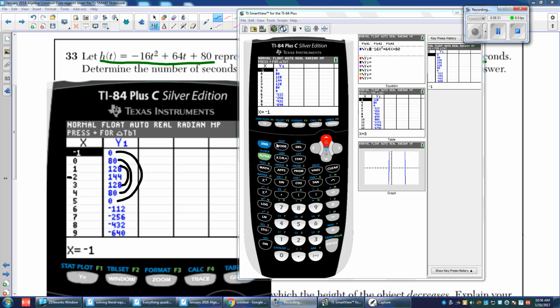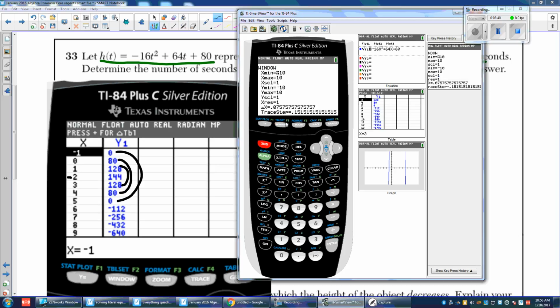I'm going to check that again. I'm going to go to the second and window. So when I hit second and window, I went to the table set, which was the wrong spot. So then I go just to the window itself, and I see that I want the y to be all the way up to 144.